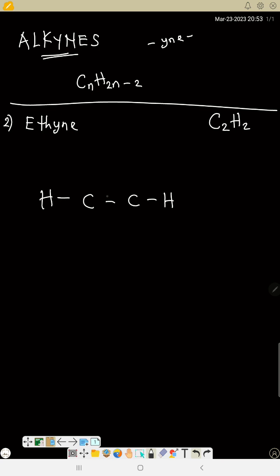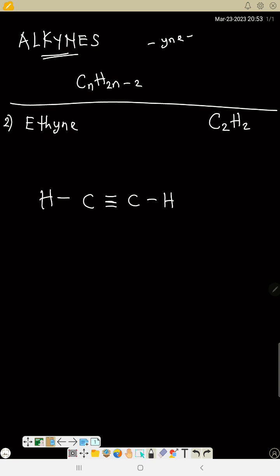So now I'll place a triple bond here. Why? Because if I place 3 here plus this 1, 1 plus 3 making 4, so carbon has 4 bonds. Again, this carbon has 4 bonds here. Hydrogen has 1, hydrogen has 1. So this is the correct way of writing ethyne, C2H2.